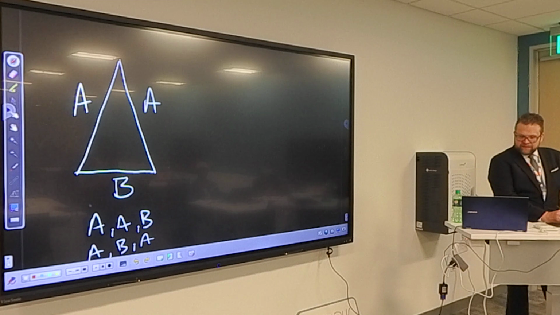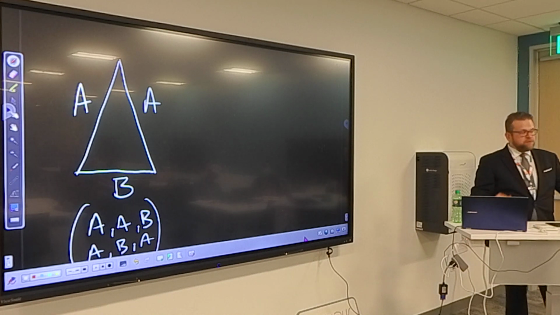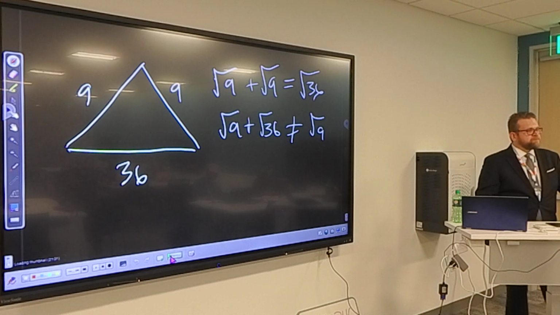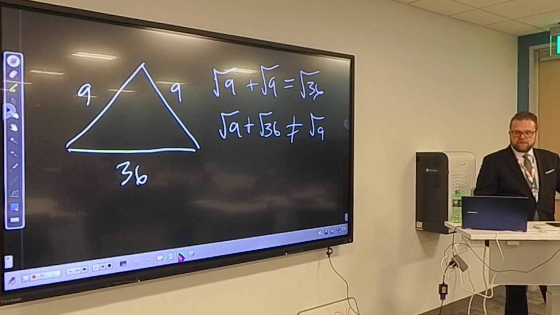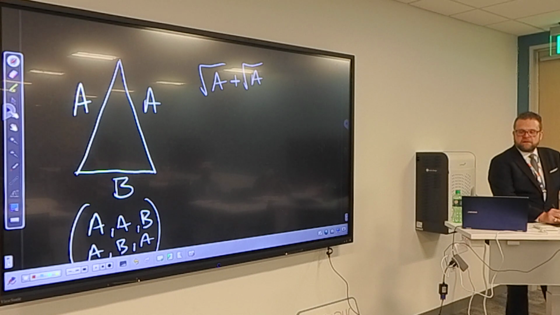So then write the two mathematical statements, just like I did here. Show how there's a contradiction. What would this equal? And what is the other equation?